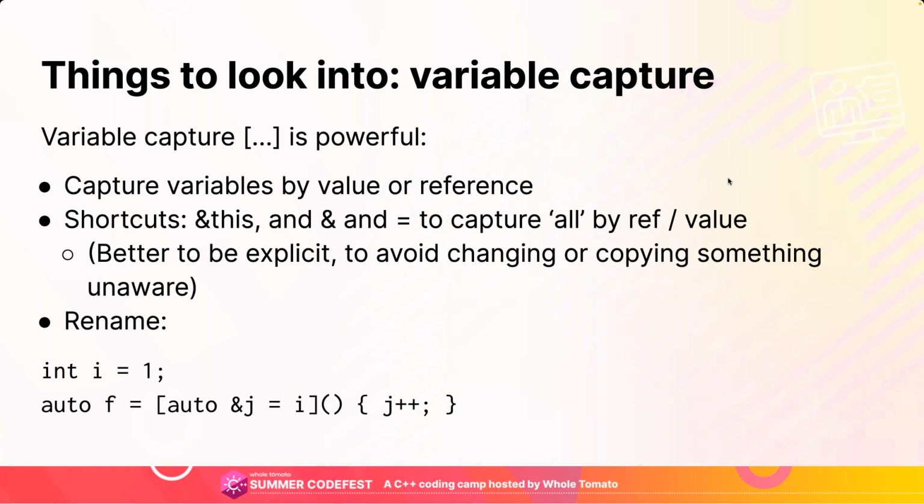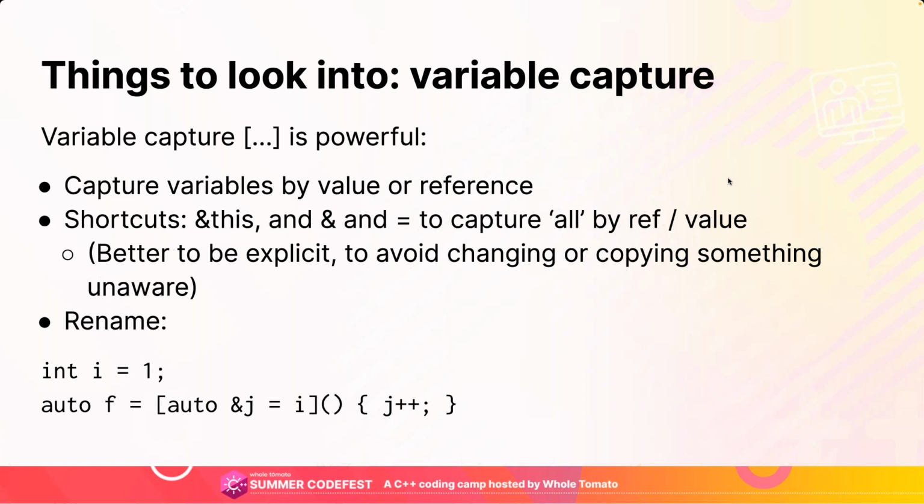Things that you don't use won't actually be captured, but it's still a lot clearer to be explicit and say that your function needs to know about a particular bit of data and state. So I do recommend, although shortcuts are nice, not using them and capturing everything that you need explicitly and clearly.